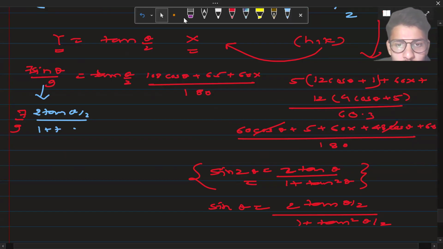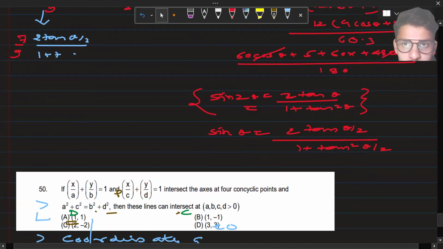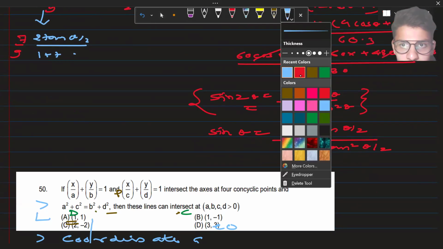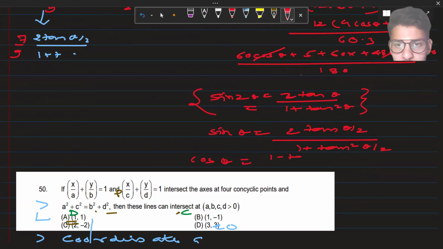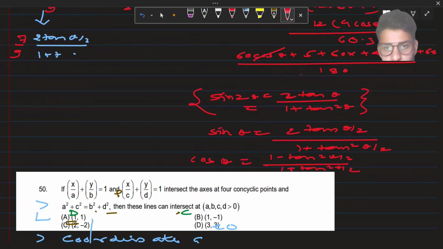And do you know what is cos theta? Cos theta is 1 minus tan square theta by 2 upon 1 plus tan square theta by 2. Okay. And when you divide both of them, you will get 2 tan theta by 2 upon 1 minus tan square theta by 2.